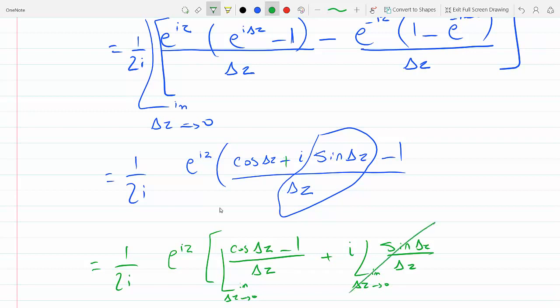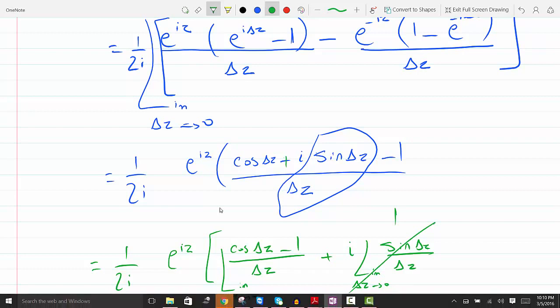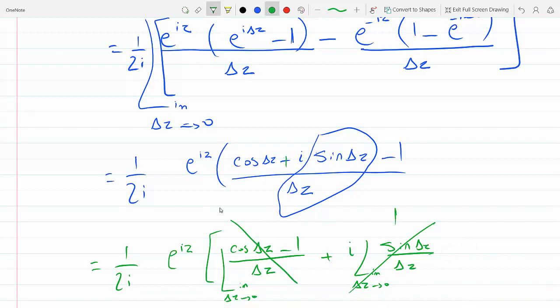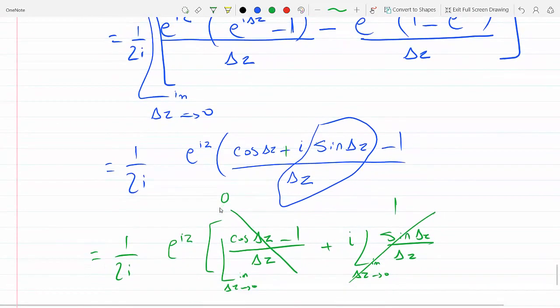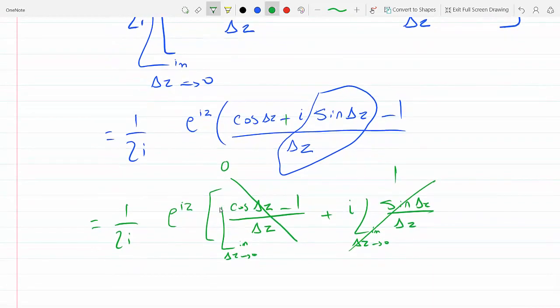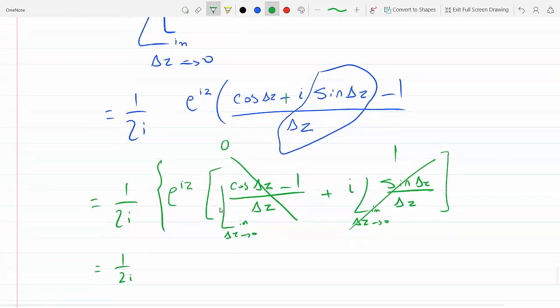Now by definition this is 1, and if you remember calc 1, the first one is 0. Okay, good. So on the first part we are getting 1 over 2i, and then we have left e to the iz times i.